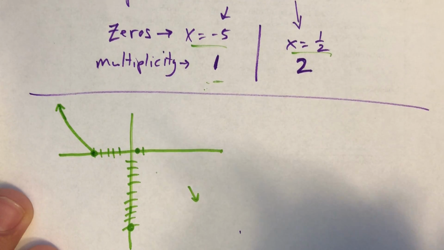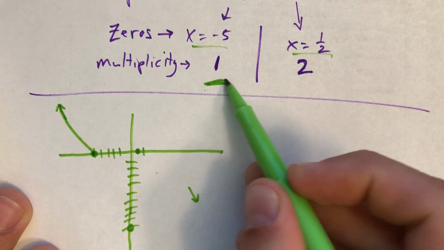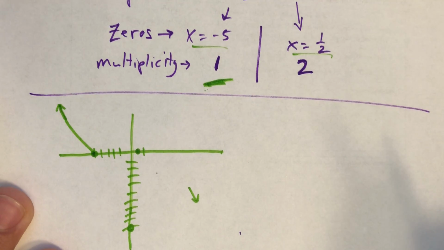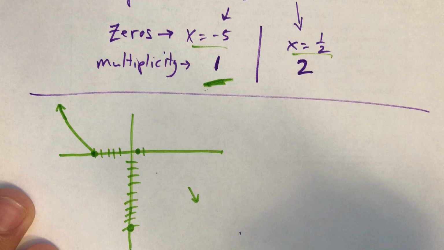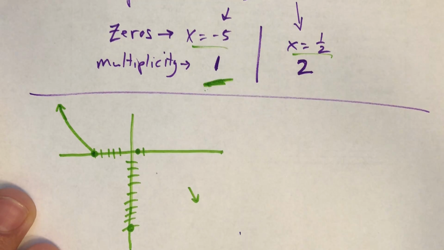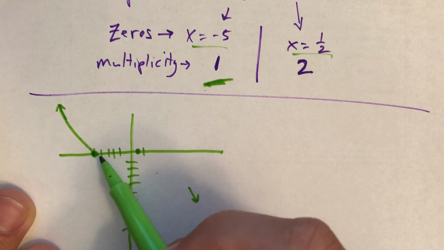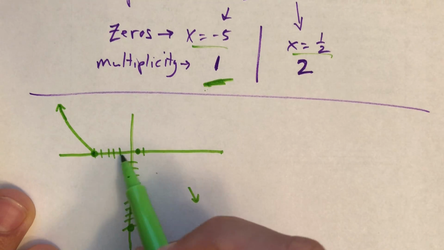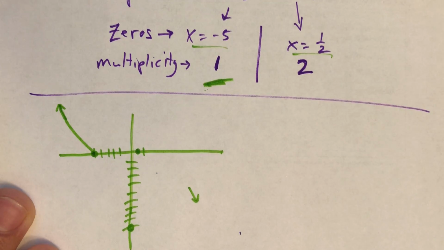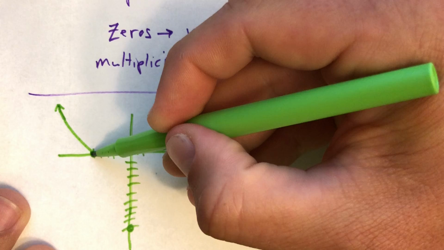So again, either we're going to rely on our knowledge of the multiplicity and what that means, or we can just use logic and say, well, the switch is either on or off, and if I can show that the switch is not on, then the switch has to be off, right? If you got two options and you can show one of them can't be true, well, it's got to be the other one. Just specifically, I can't go up because there isn't another x-intercept here for me to go down through, right? So we have to go down.